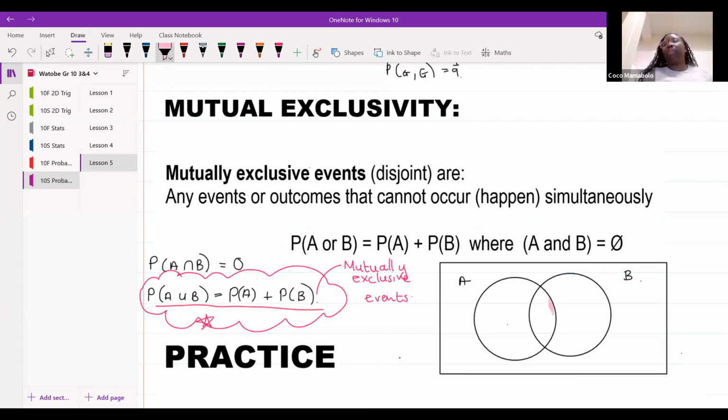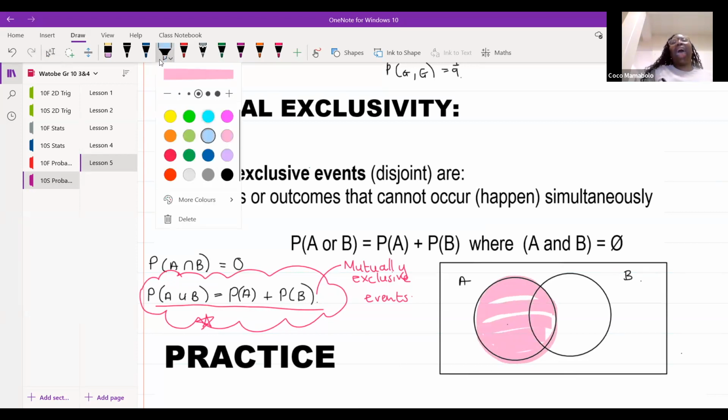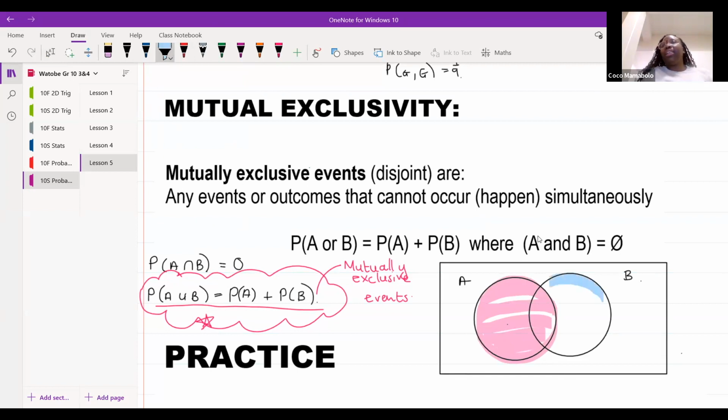I'm going to calculate the probability of the whole of A, and then I'm going to add the probability of the whole of B. But remember what's now happened, guys.